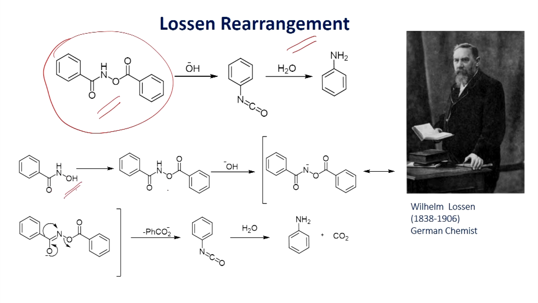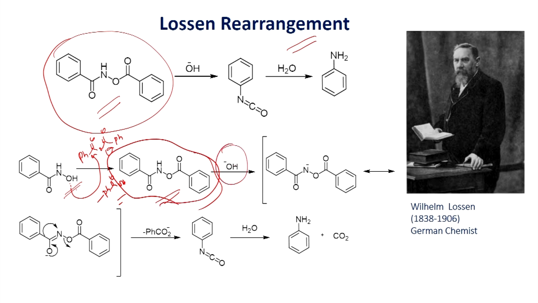When you react with, for example, in this case, this acid anhydride, which can undergo addition reaction, you will be able to form this intermediate. This is the starting material in this case. Once you have this one, when you react with the base, deprotonation can give this intermediate.